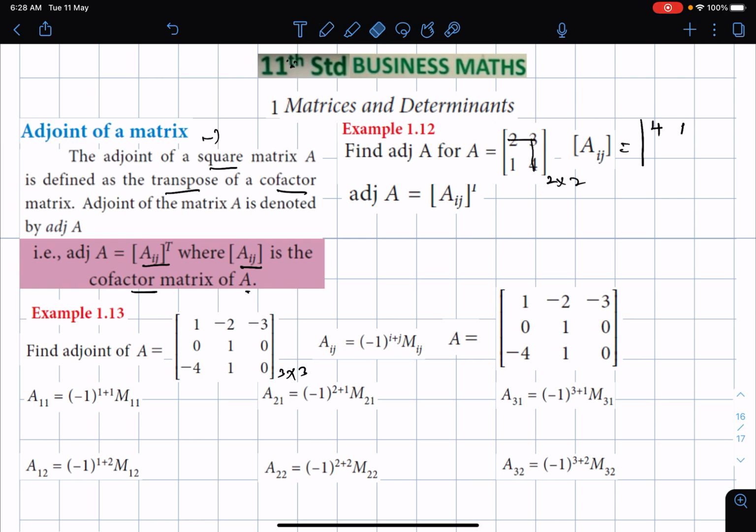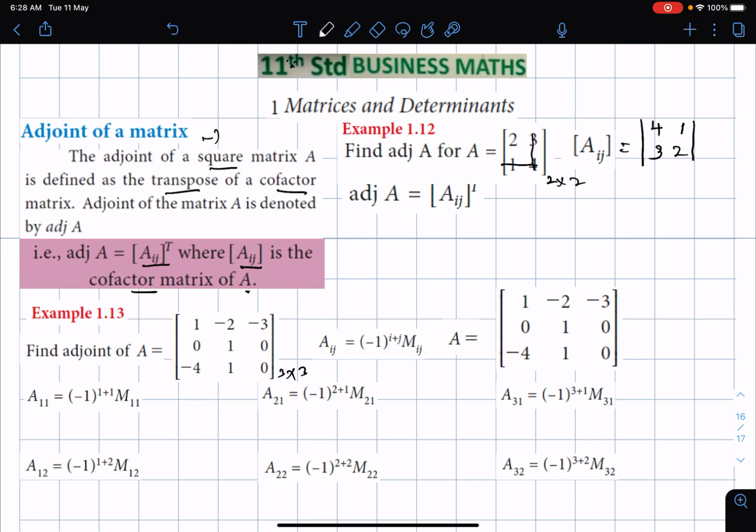Now coming to the second row, first element 1, again you cross out the first row and the second column, you get 3. Now for the last element of the 2 cross 2 matrix, 4, strike out column 2 and row 2, you get 2. This is the cofactor matrix.